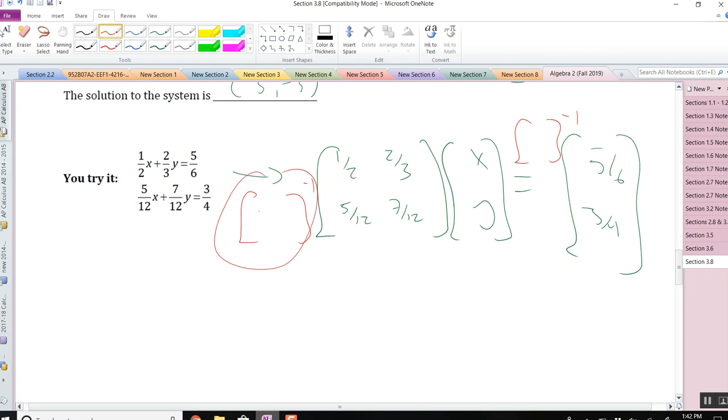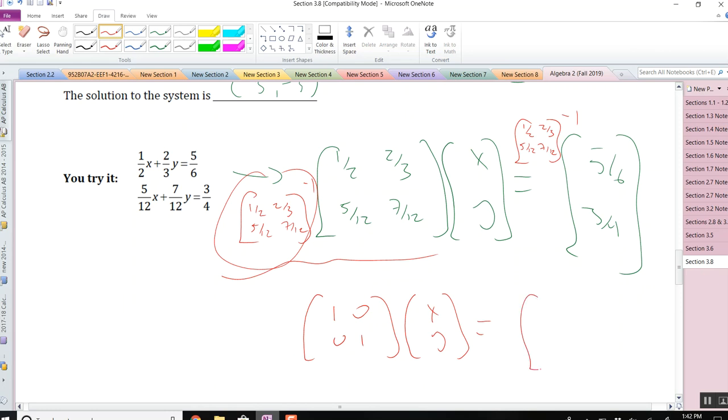So that's my inverse of 1/2, 2/3, 5/12, 7/12, 1/2, 2/3, 5/12, 7/12. And I know all this is just going to be the identity. I mean, you can work it out if you want to. And on the other side, I'm going to actually do a 2 by 2.